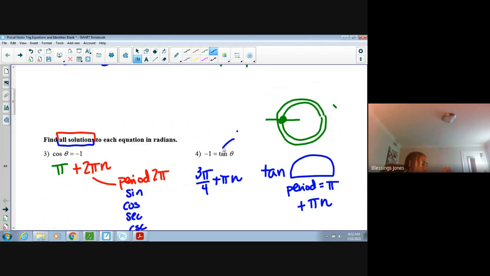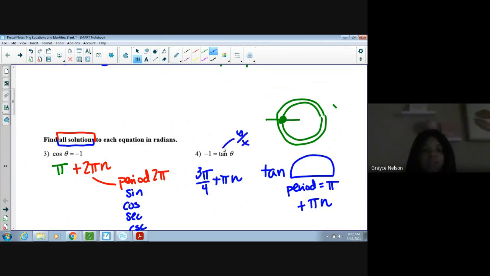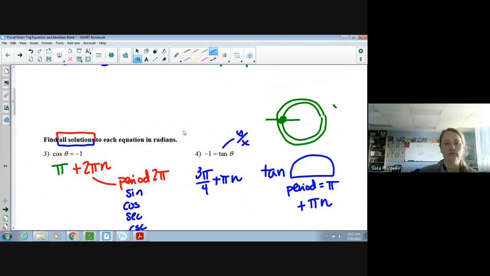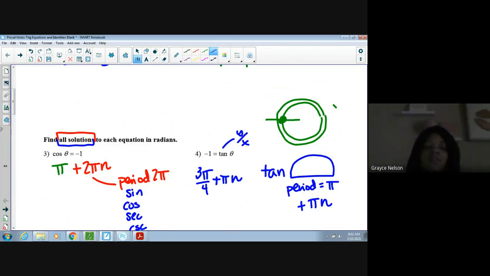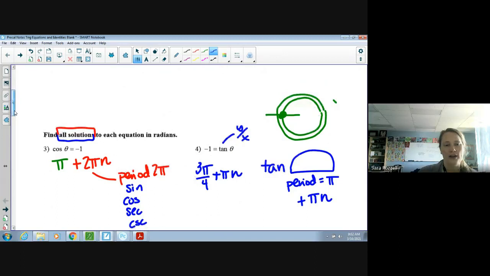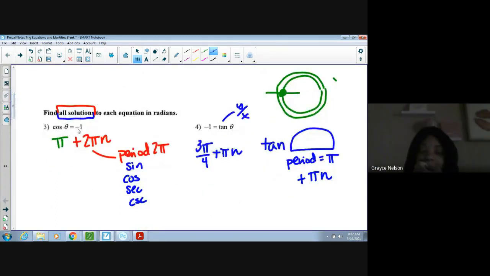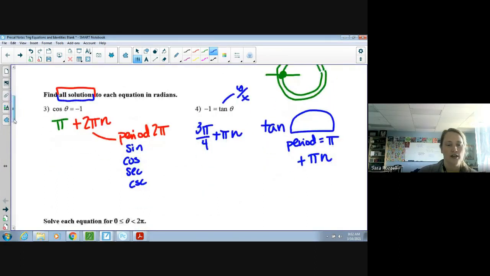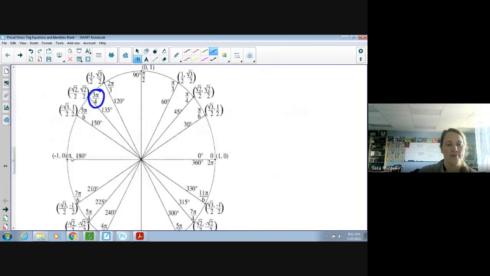Can you explain how we got the answer to number 3 again? The pi part? The whole thing? Okay, for the pi part, we looked at cosine was -1. So if you go on here, cosine is -1 at pi, because the x is -1 at pi. But they're asking for all solutions. So if you go back around the circle another time, cosine is still going to be -1.